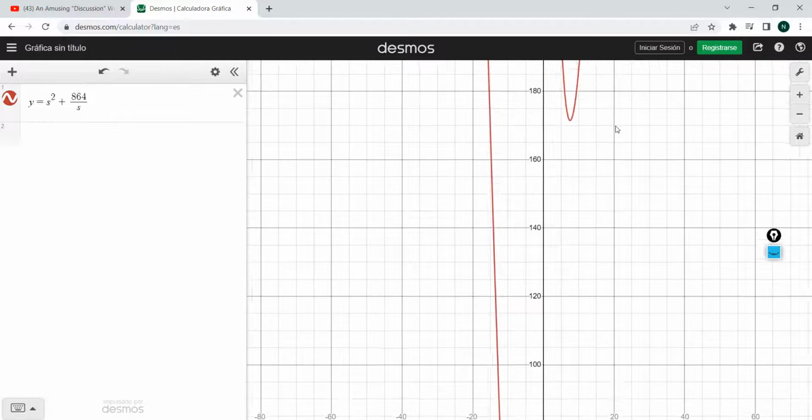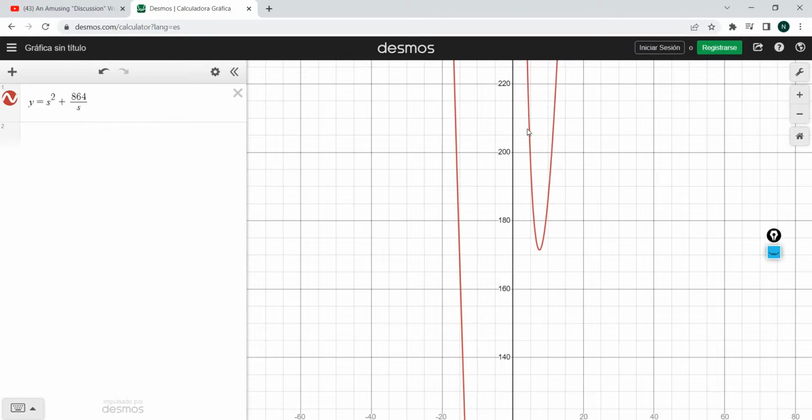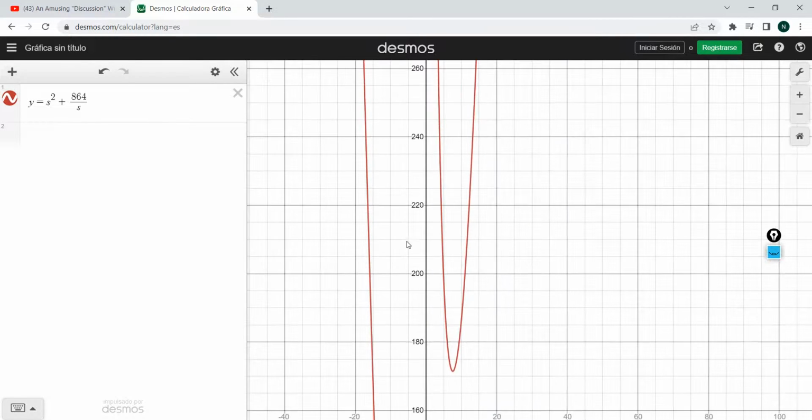As you can see, the function is decreasing, and it finds its minimum at 7.5, just like we predicted. And then it increases again. Obviously, this part of the function is completely meaningless because there is no point talking about negative S. So there you go, guys.